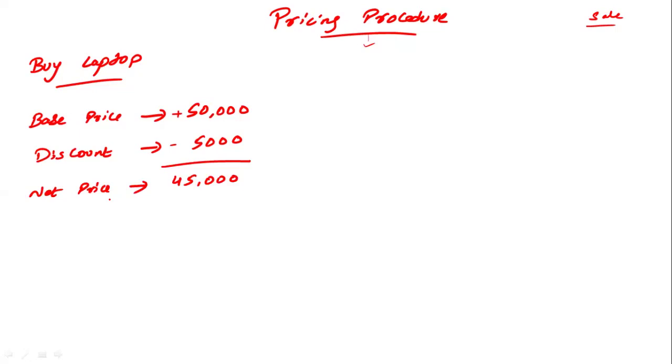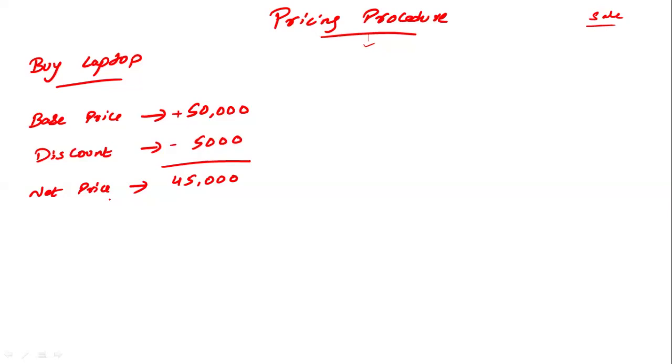So you want to buy a laptop. The base price is 50,000. Upon this 50,000, you ask for a discount, and he gives the discount on the basis of amount or percentage. Whatever amount or percentage he gives, that value gets subtracted from your base price, and you get a net price.